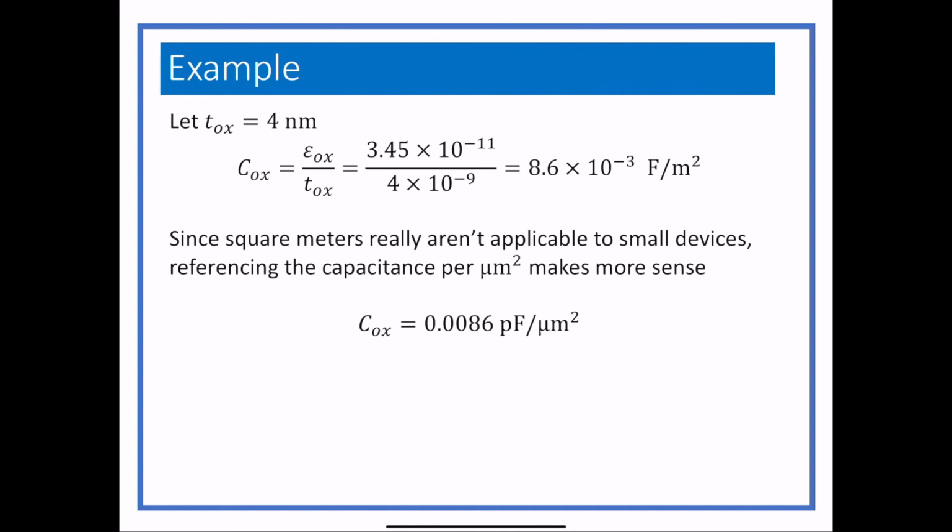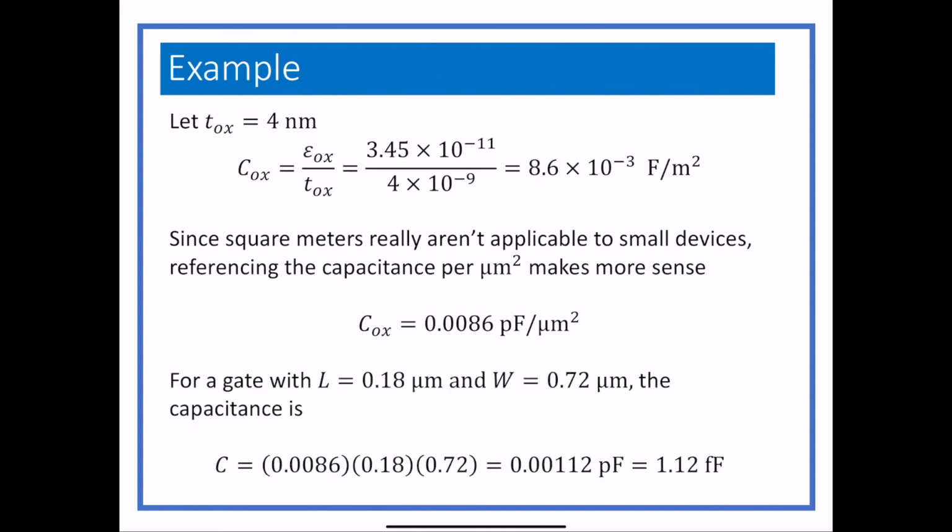So if you had a gate that you actually knew the length and width of, you could find the actual capacitance by just multiplying by the width and the length, and that would give you the actual capacitance in femtofarads, actually. So it's very small.